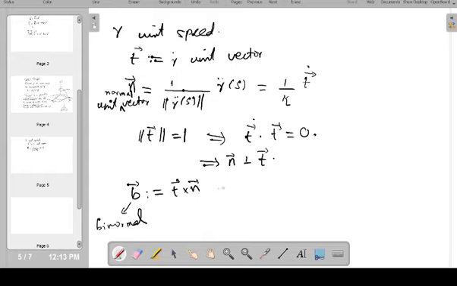So magnitude of B is equal to 1, because T is of magnitude 1, N is of magnitude 1, and sine pi by 2 is equal to 1. Therefore B is called a unit binormal because its magnitude is equal to 1.